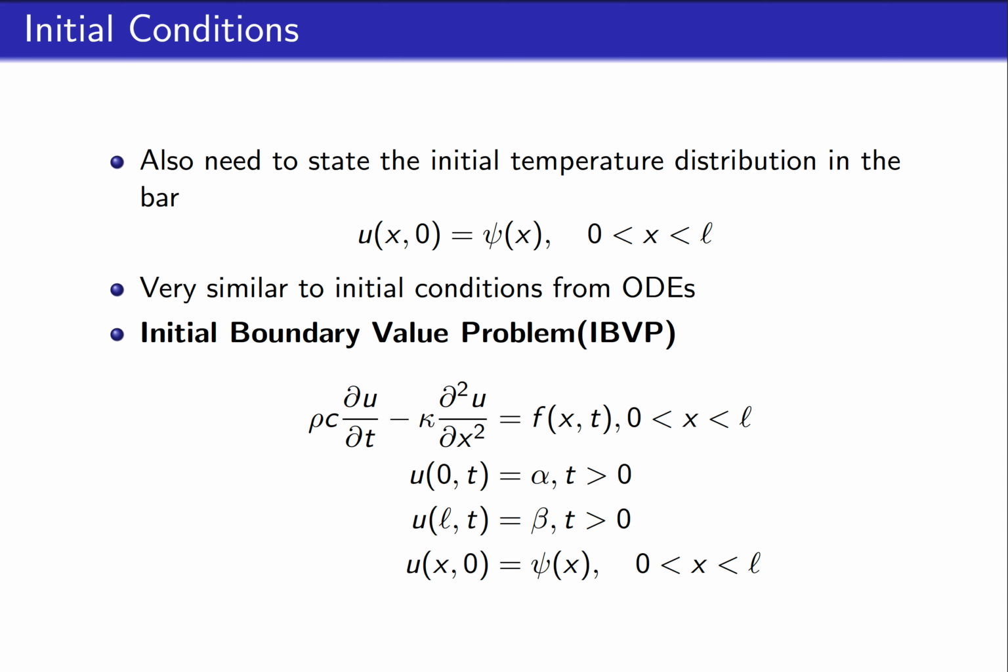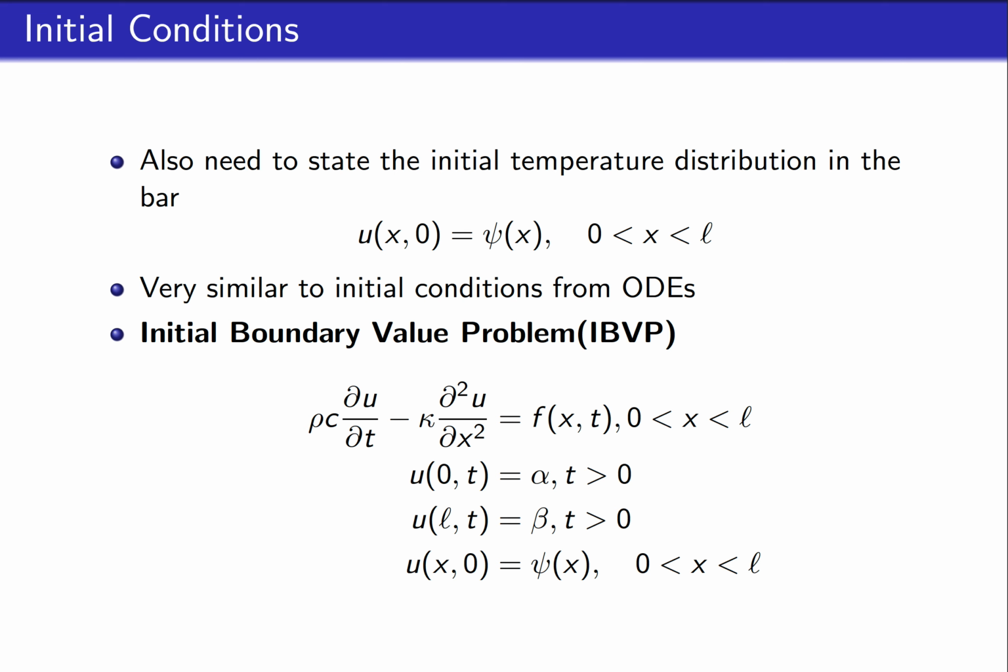Finally, we have initial conditions. These are very similar to what you saw as initial conditions in your ODEs class. This sets the value of the solution when time t equals 0. Physically, what this is talking about is the temperature of the rod at the initial time. Now, the main difference between ODEs and PDEs is the value of the initial condition.